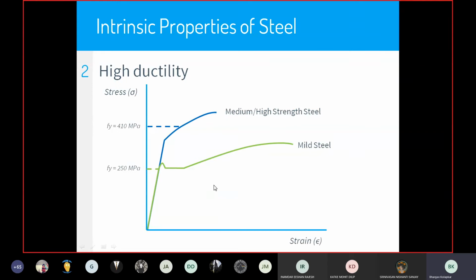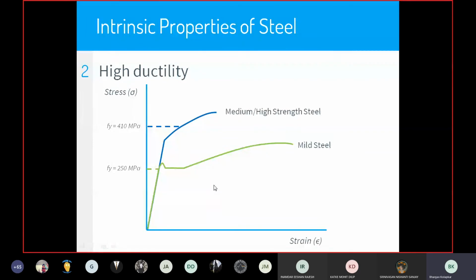When a particular structure is designed for earthquakes, or when we do seismic design of a building, it is quintessential that the structure can undergo a significant amount of deformation without failing. Do you understand? If the structure is brittle, then, earthquake is all about ground motion.